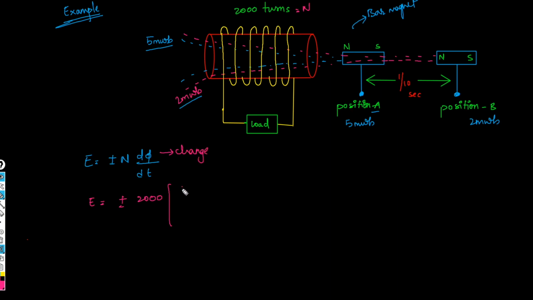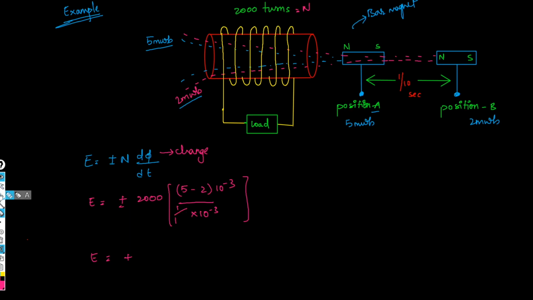It was 5 before, now it is 2 milliwebers, so 3 into 10 to the power minus 3, divided by the time taken for this change from 5 milliwebers to 2 milliwebers. Sorry, the time is not 2, it is 1 by 10, because the time taken was 1 by 10th of a second.